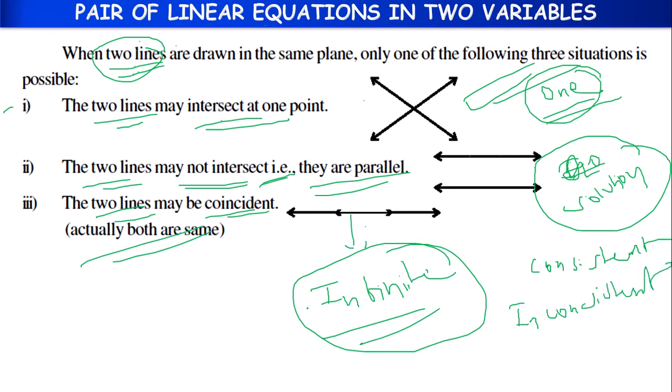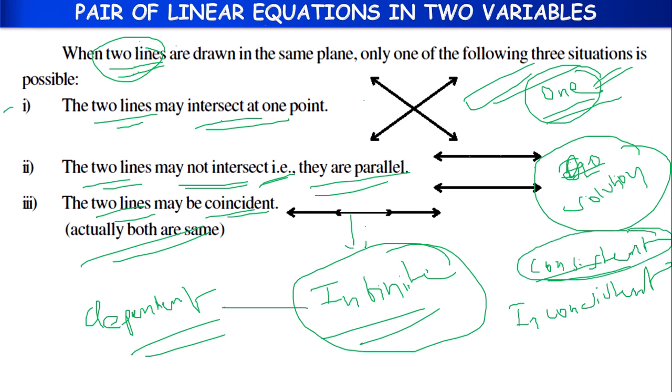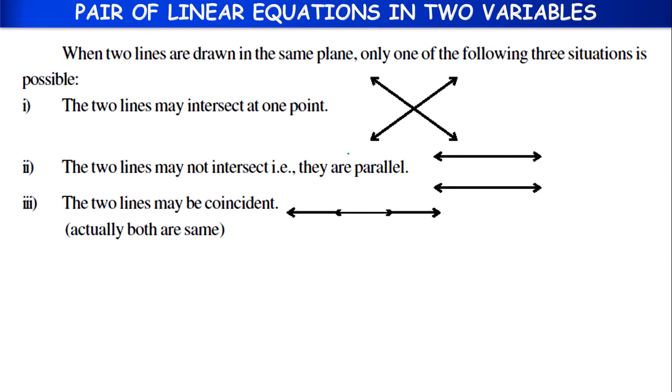If they have infinite solutions, they are called dependent equations. Consistent equations are also called independent equations. Like that, based on the solutions, we have names for the pair of linear equations.